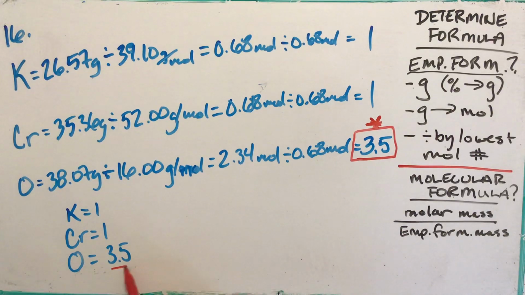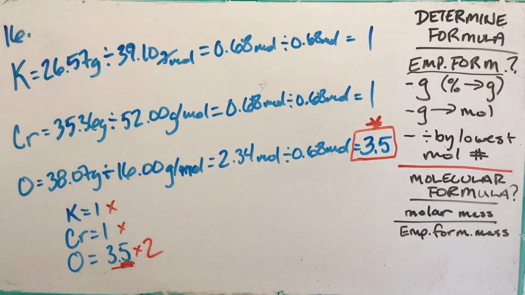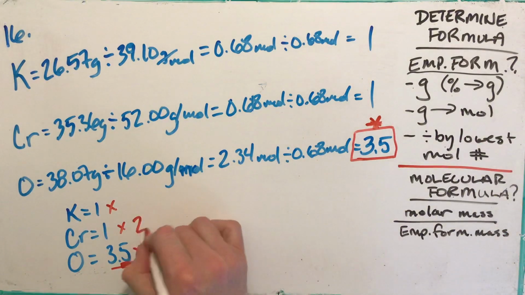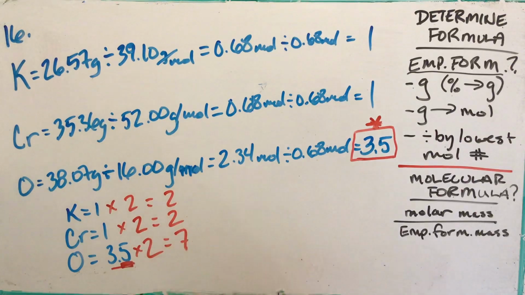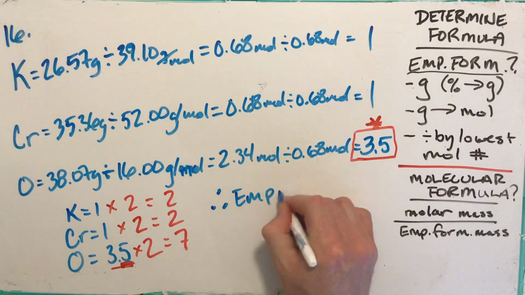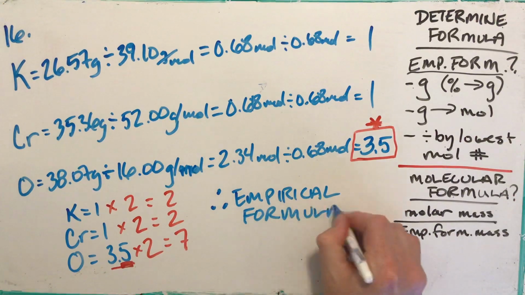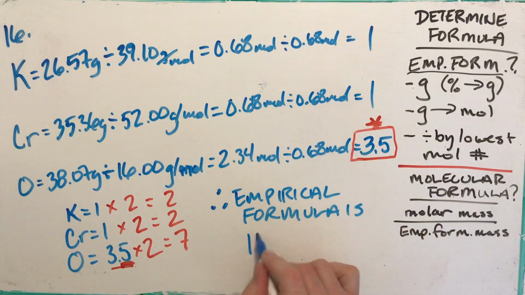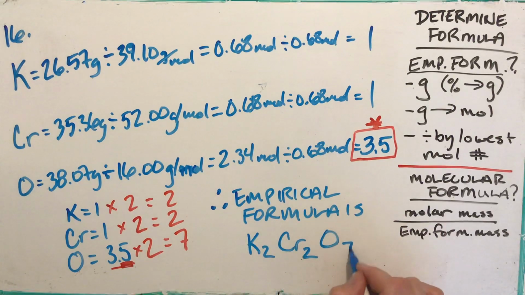To get rid of the 0.5, this part of it is the key, this 0.5, I double it. But I can't just double the 1, I have to double all of the elements involved. So this becomes 2, that becomes 2, and this becomes 7. And again, my empirical formula is K2Cr2O7.